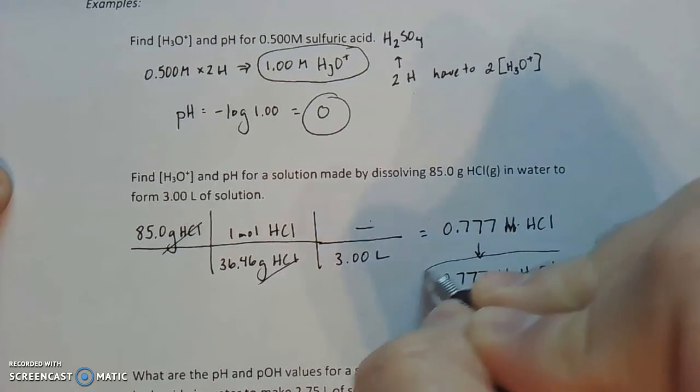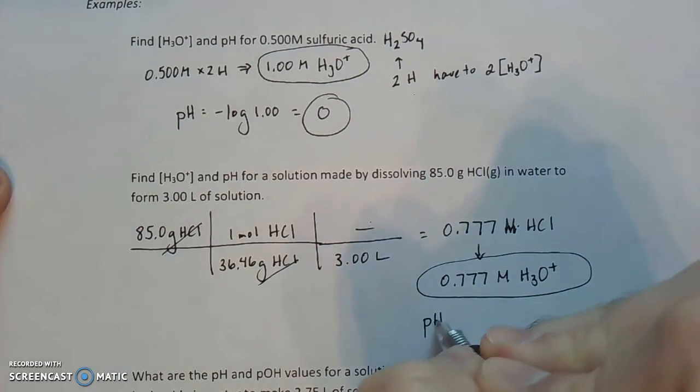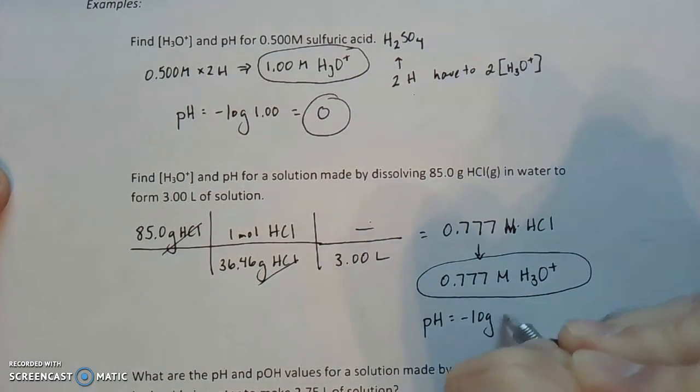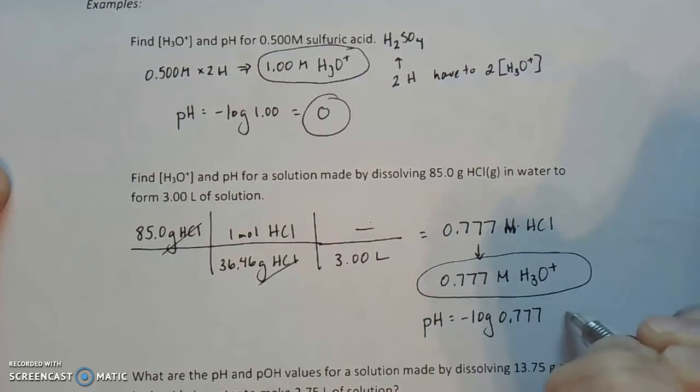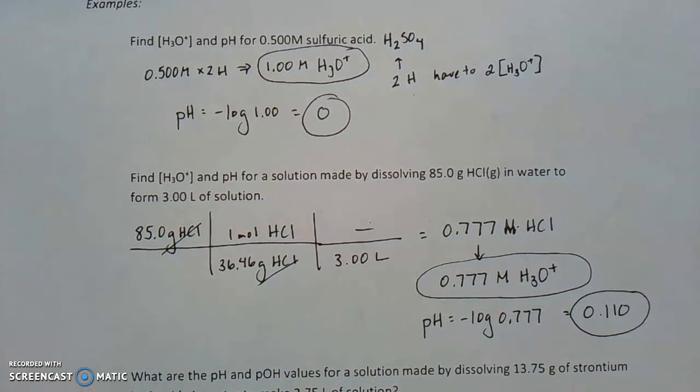So there's one of our answers. And pH is equal to the negative log of 0.777, which gives us a pH of 0.110. We'll continue our example problems in subsequent videos.